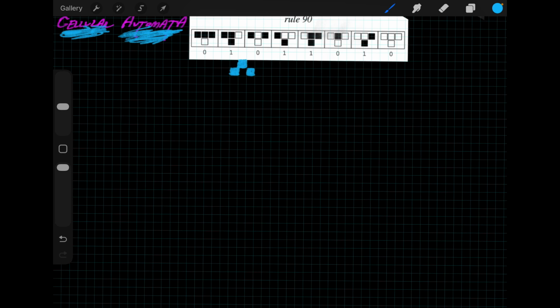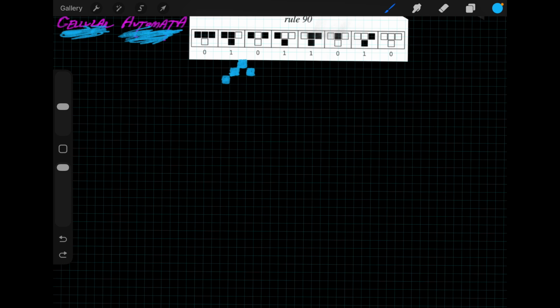And again, if I look right here, I fill this cell in. And if I look at the next cell and consider the 3 cells above it, it's not filled in, not filled in, which is this one right here, and it's telling me don't fill it in. So I don't fill that one in, and so forth. I continue this going on and on.